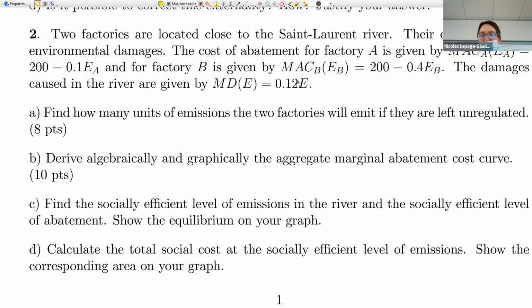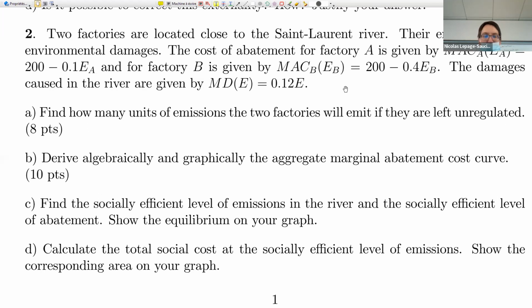And for factory B, it's MAC B equals 200 minus 0.4 EB. The damages caused in the river are given by marginal damage of E equals 0.12. Find how many units of emissions the two factories will emit if they are left unregulated. So this, I think we did that last time, so it should be a bit better.